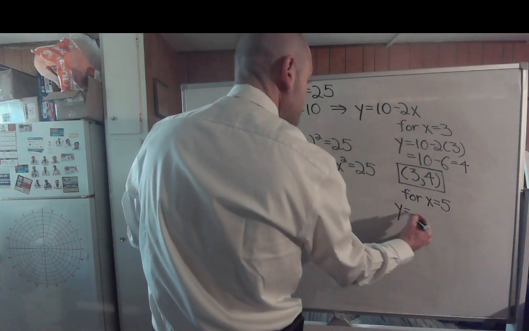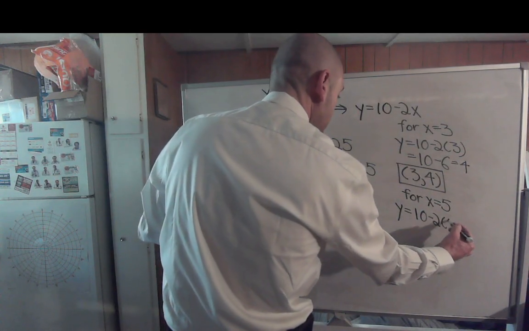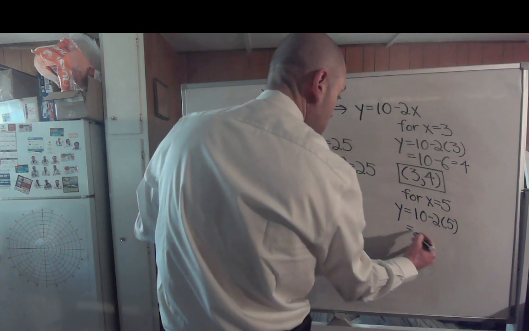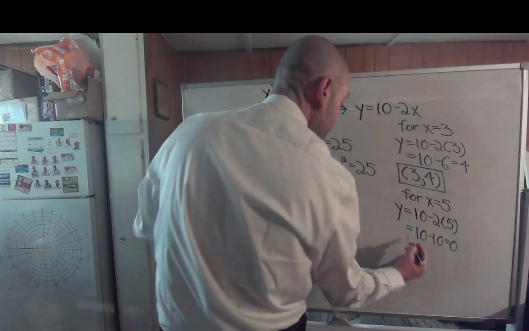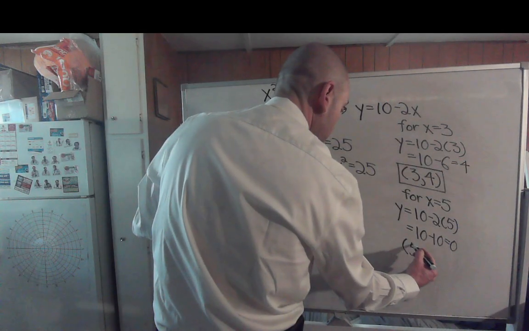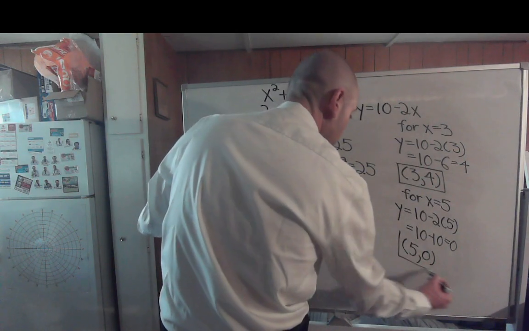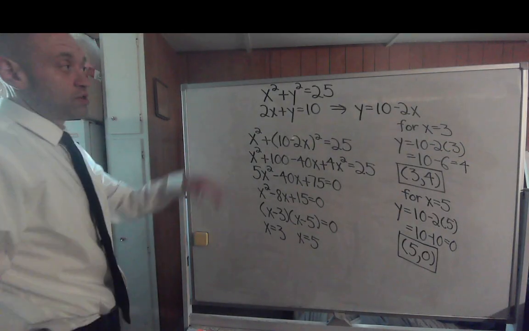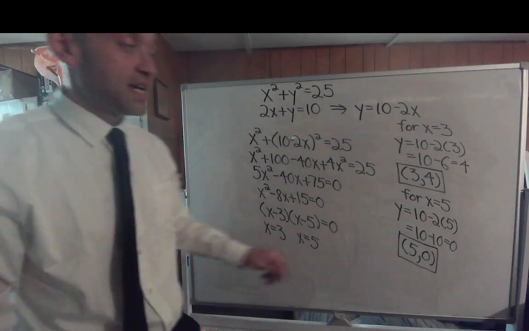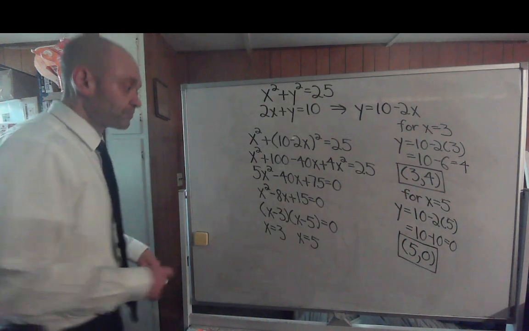So y is going to equal 10 minus 2 times 5, which would be 10 minus 10, which is 0. So the second ordered pair you should come up with is going to be 5, 0. So the circle and the line intersect at 2 points, at 3, 4, and at 5, 0.